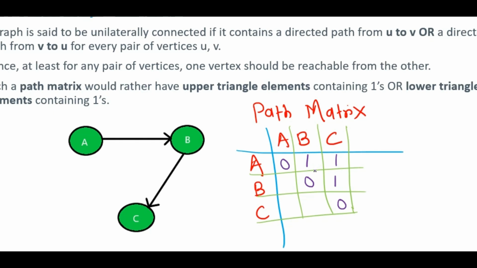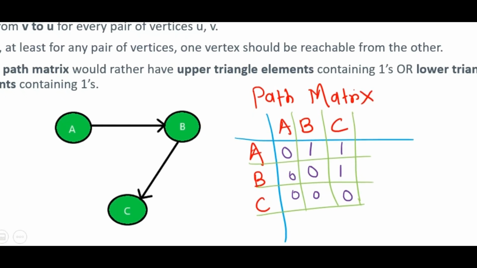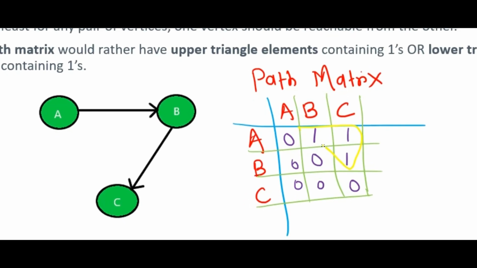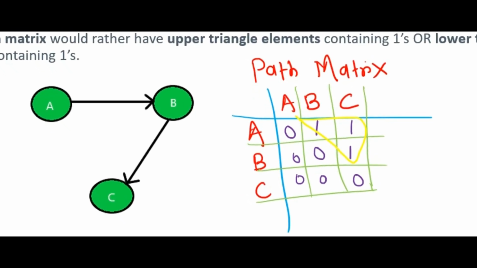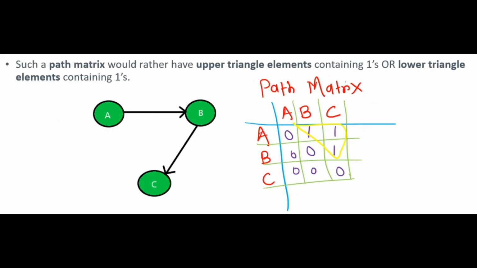These are all the paths I have in this graph. If we look carefully, we get an upper triangular matrix. If your path matrix for the given connected graph is either an upper triangular matrix or a lower triangular matrix, then your graph is a unilaterally connected graph.